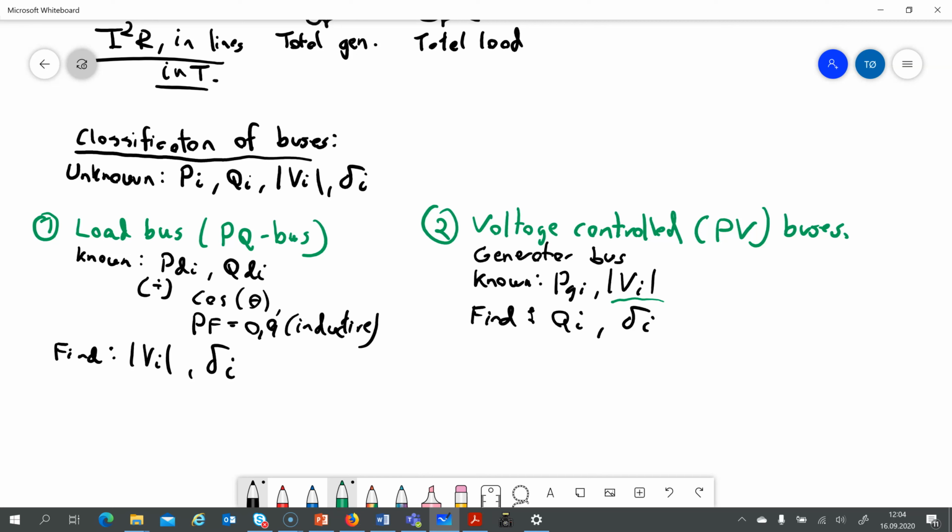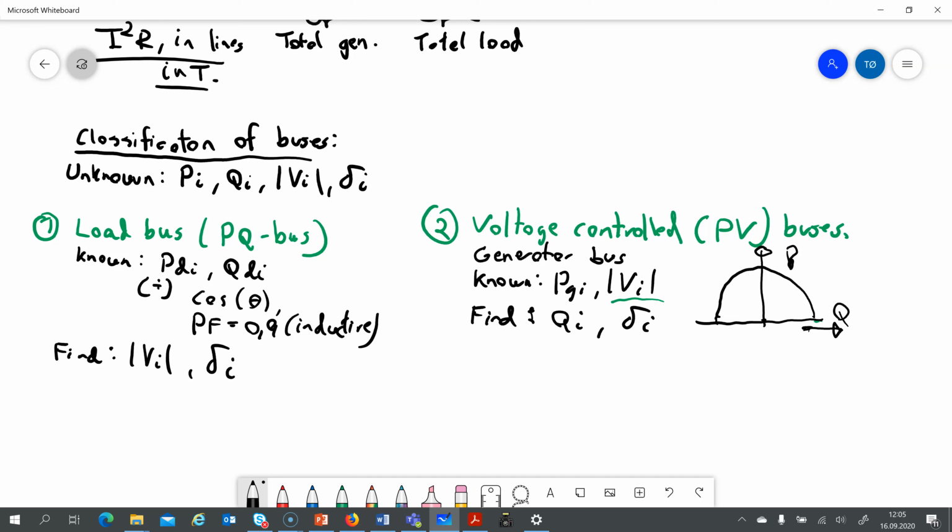However, this is of course limited by the generator capacity, because remember that the generator has a capability diagram with the P and Q. So if you need more, for example, reactive power, than it can deliver, then you will have a warning, or you will not have a solution actually for the system if you make such a constraint on the calculation.